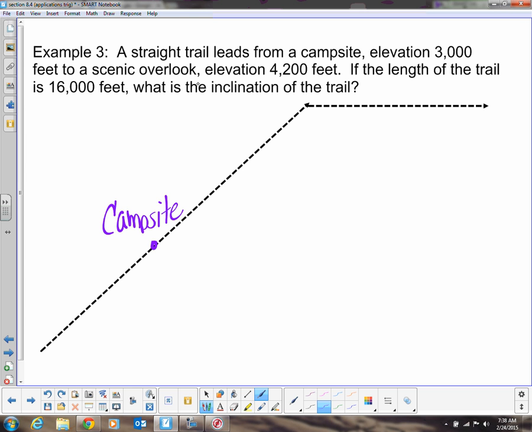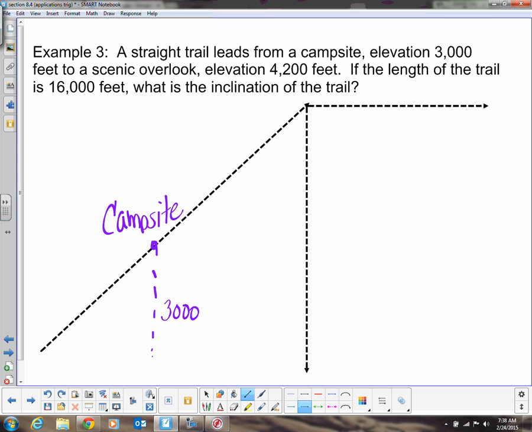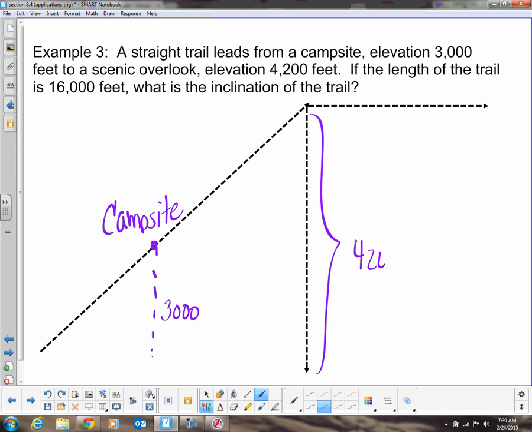It said up, not. A straight trail leads from the campsite at an elevation of 3,000. This is 3,000. To a scenic overlook that is how tall? So this is going to be what? All of this is how much? 4,200. All right.